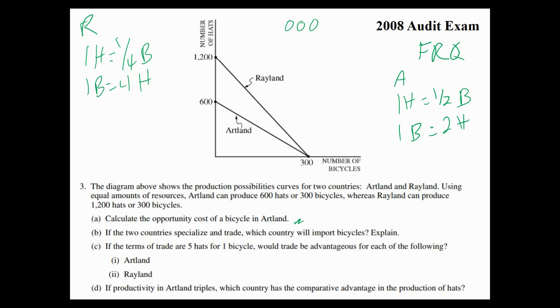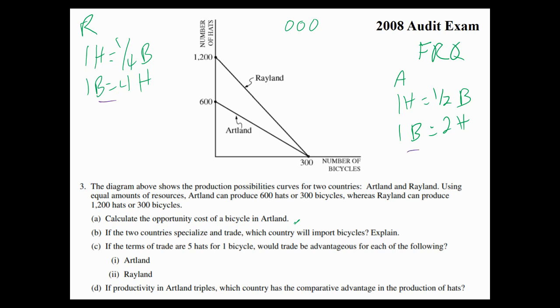Then it says if the two countries specialize and trade, which country will import bicycles? Explain. I'm going to use a different color here. First of all, let's compare bicycles to bicycles. Who's better at making bicycles? Who gives up the least?